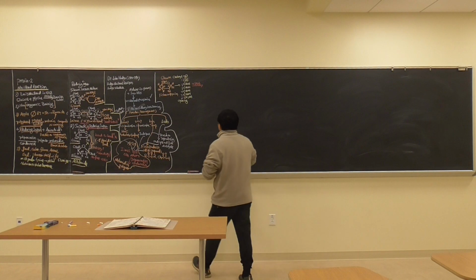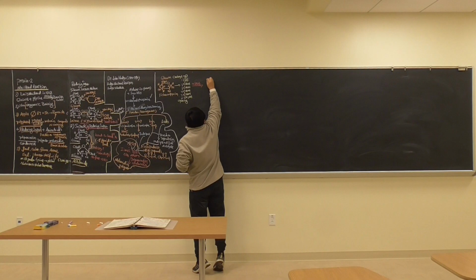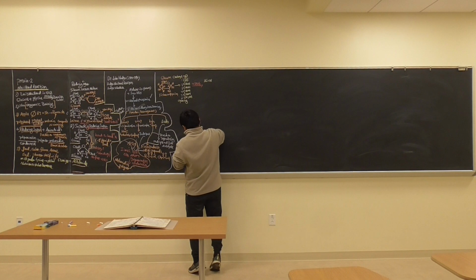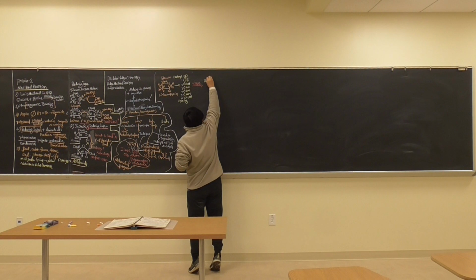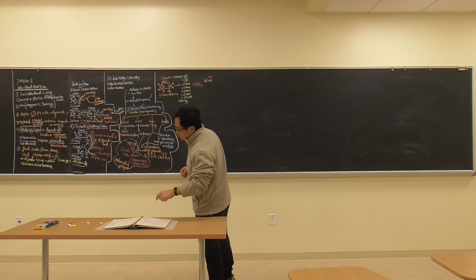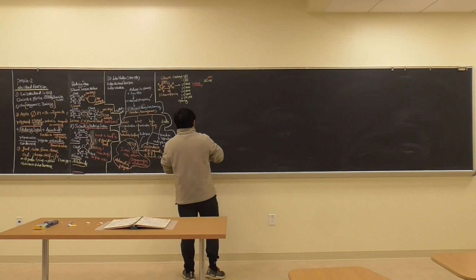So what will carbon number 1 look like? It will be CH, OH, and here is NH. CH, OH, NH. Yep, it's very simple.